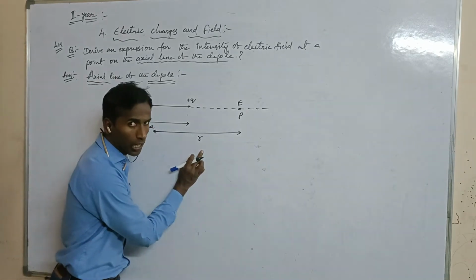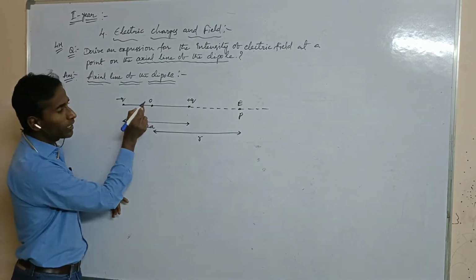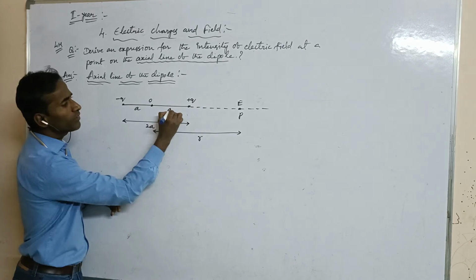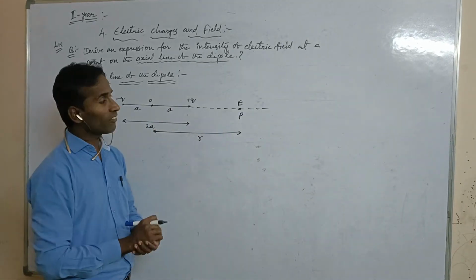This is a small r. And now see here, the 2a is divided into two parts, this one also a and this one also a. So now we have to find this intensity of electric field.